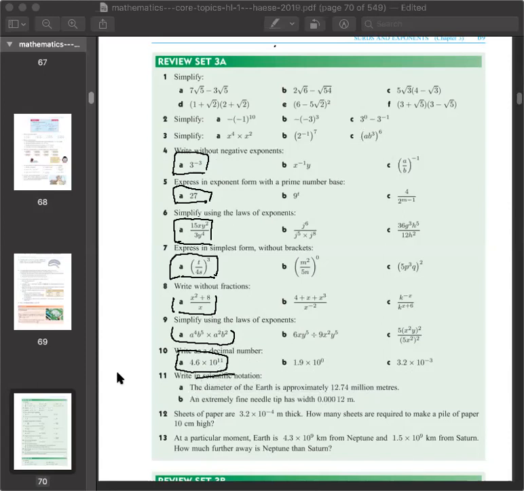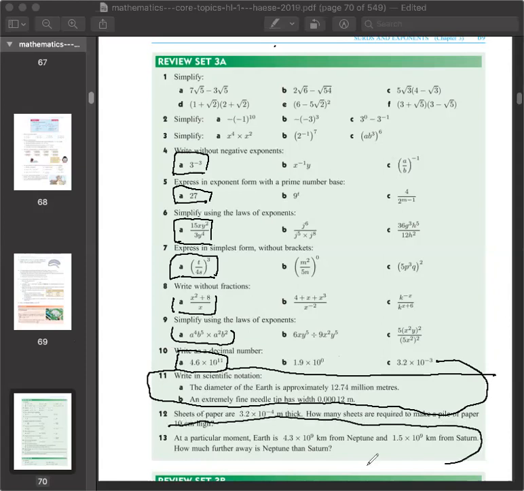Wait, this is... Oh, and this one is actually blue. I guess we can do these. Still do 1, 2, 3, 4, 5, 6, 7, 8, 9 questions.